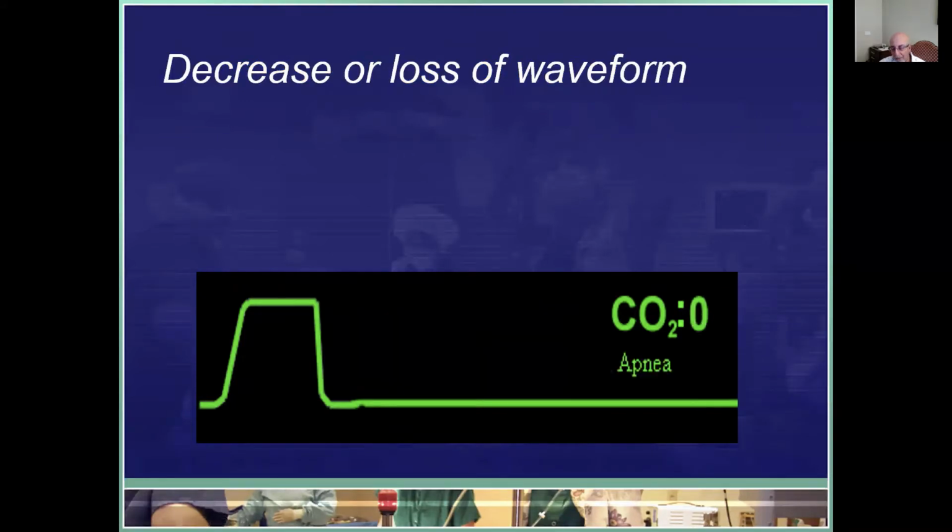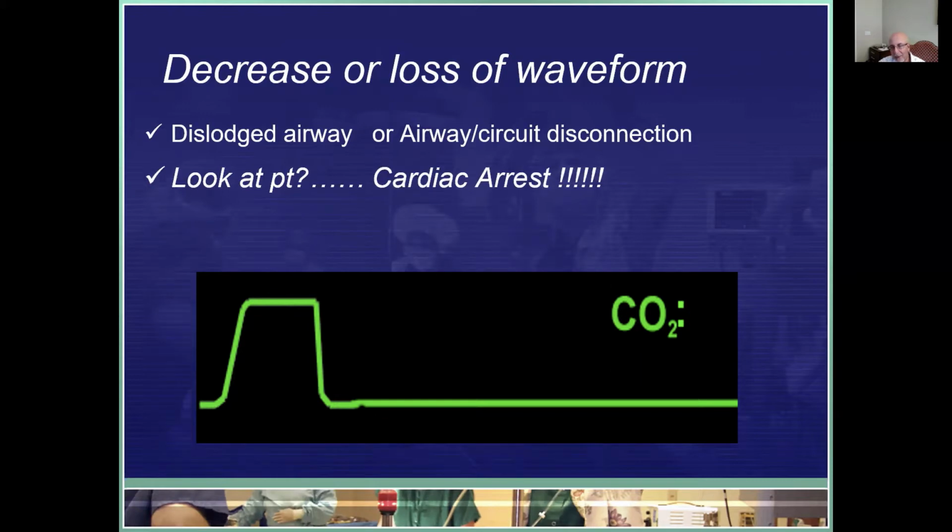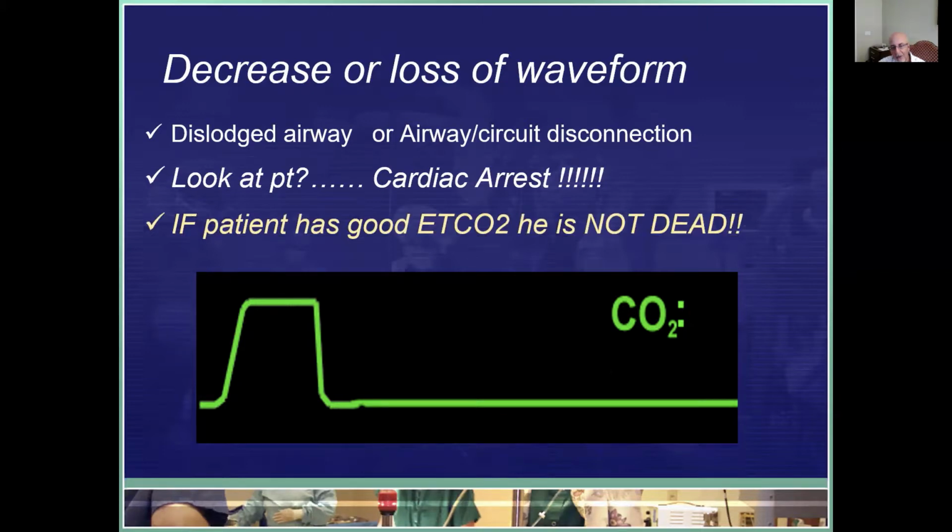A loss of a waveform in a patient who is mechanically ventilated could mean that the patient has disconnected from the ventilator or dislodged the airway, maybe a self-extubation. However, if you look at the patient and the patient is still intubated and there is no circuit leak and the patient has not come disconnected from the ventilator, the patient is having a cardiac arrest.